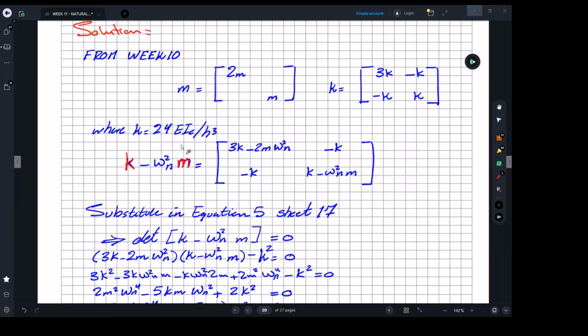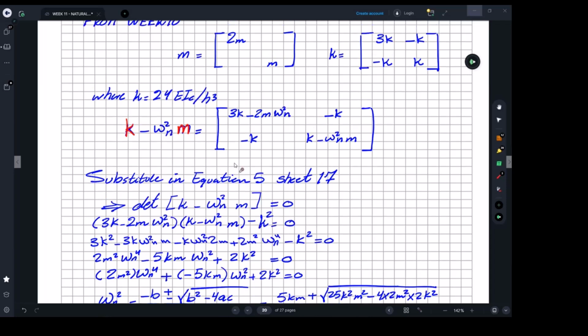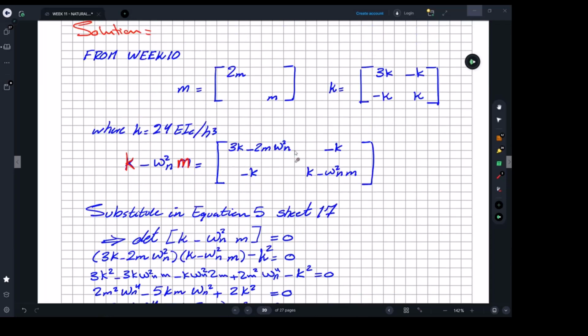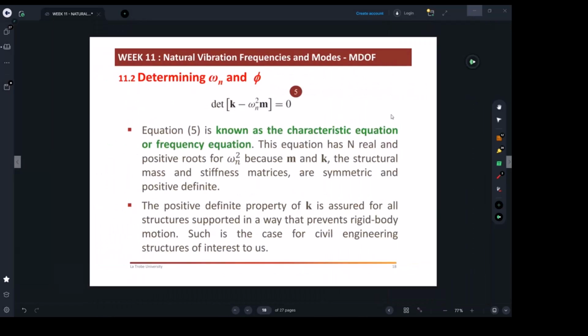We all know last week the stiffness was defined by this elastic formula, which will be given to you regardless. Then here, in order to start our solution, we just want to apply the matrices we have, or the coupled equations of motion we have, on this determinant equation.